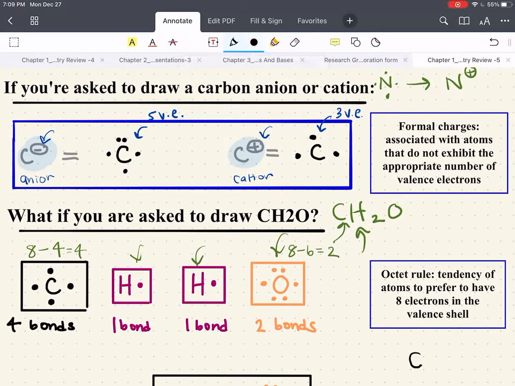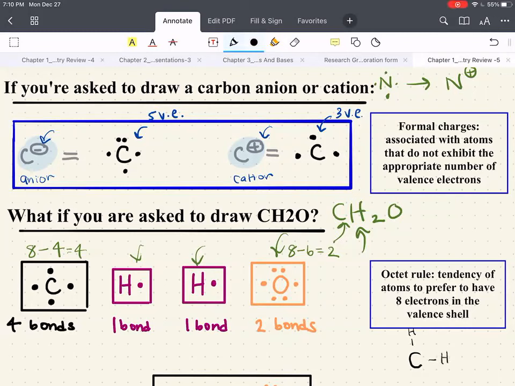Now we want to attach atoms to this carbon so that all the bonding preferences are satisfied without creating any formal charges. Here's how this is going to go. We have our carbon, our central atom. Can we attach a hydrogen? This hydrogen can only form 1 bond.